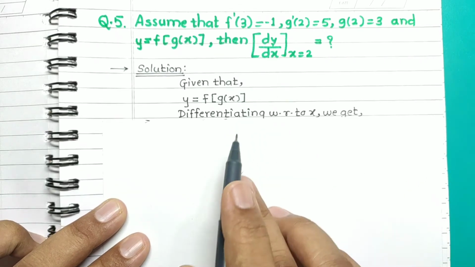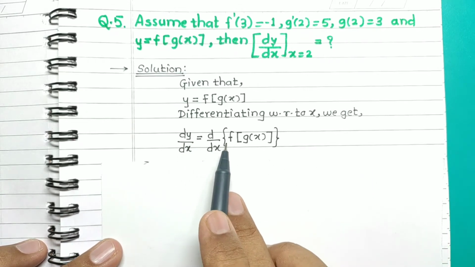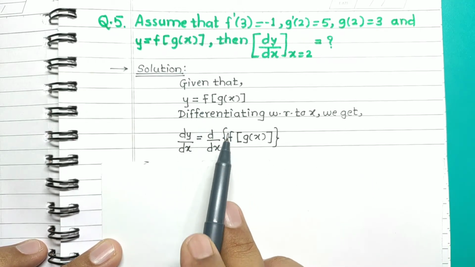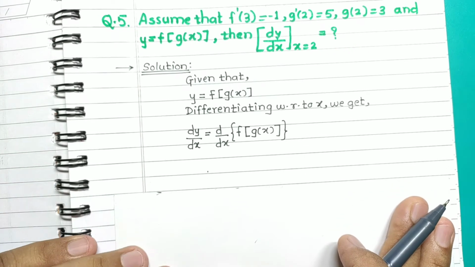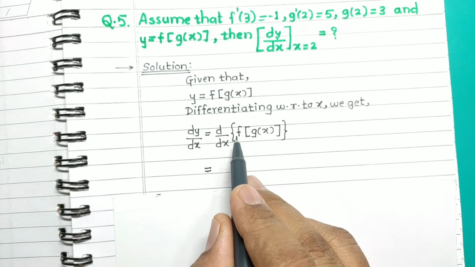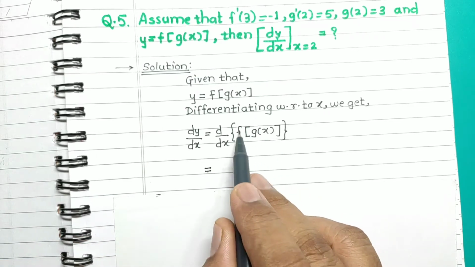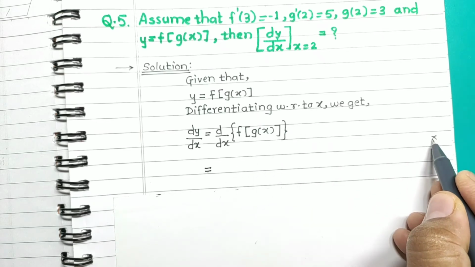So differentiating with respect to x, we get dy by dx of this function, d by dx of f of g of x. Okay, so here we have to use chain rule to find the derivative of this composite function. So you note this step properly.